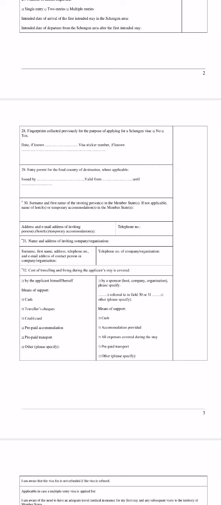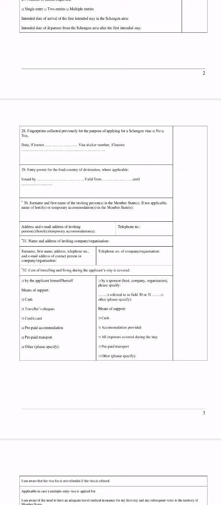Then question 32 says the cost of traveling and living during the applicant's stay is covered. So the amount of money that you have. In this point you have column 1, by the applicant himself, with means of support: cash, travelers checks, credit card, prepaid accommodation, prepaid transportation, or others.